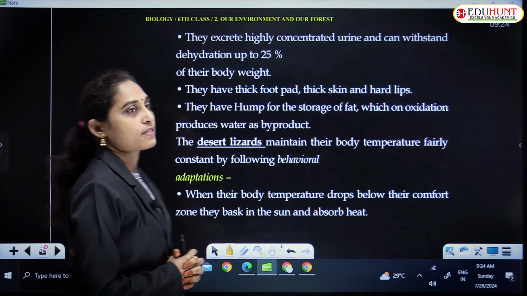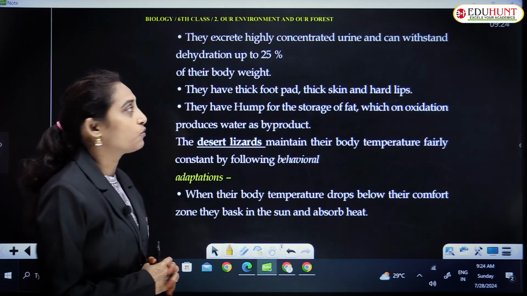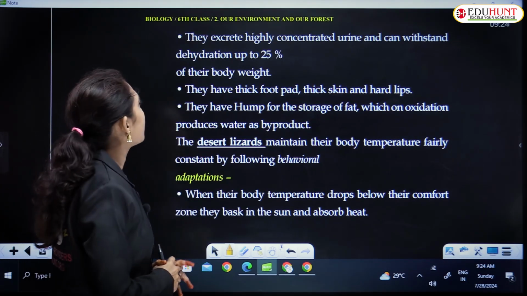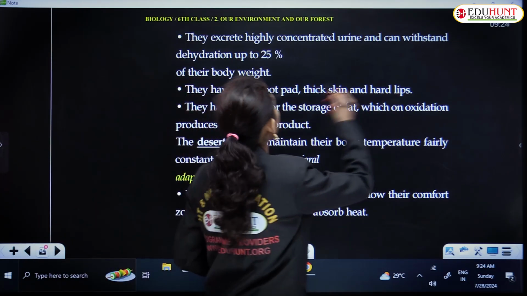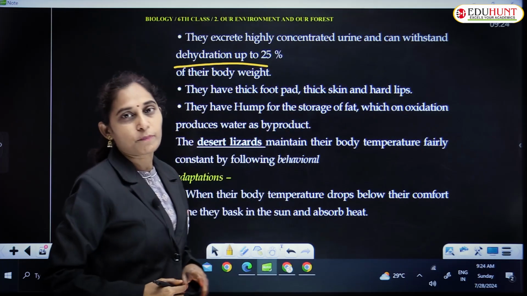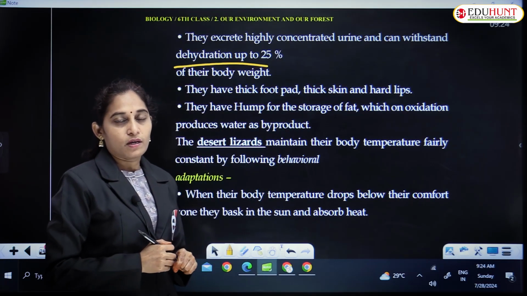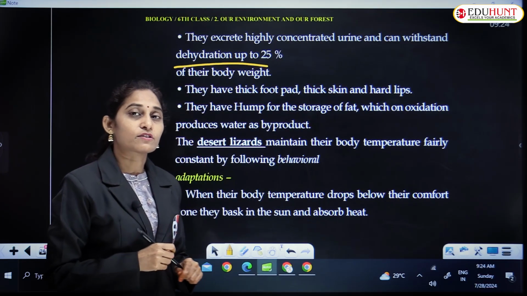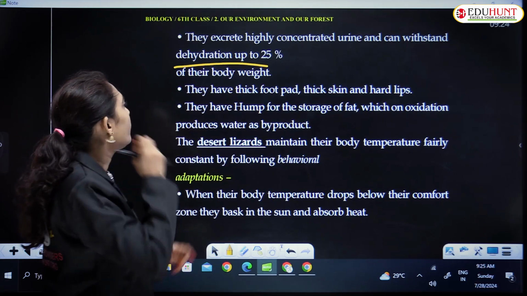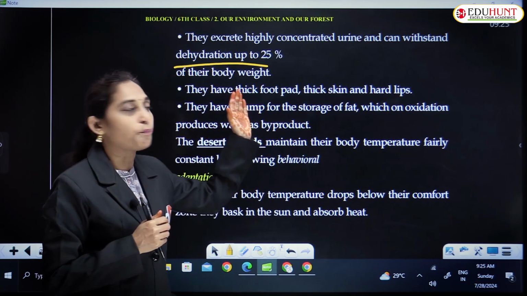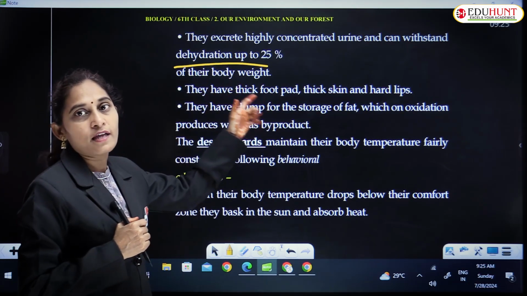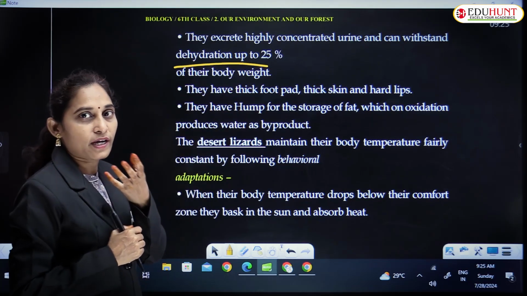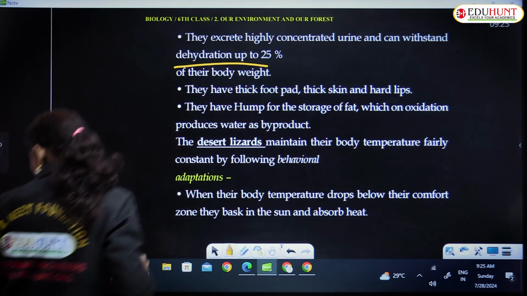They excrete highly concentrated urine and feces and can withstand dehydration up to 25%. 25% dehydration ని తట్టుకొని అవి ఉండగలవు. And they have thick foot pad and thick skin, hard lips. ఒంటిని చూడగానే మనకు తెలిసిపోతుంది కదా.